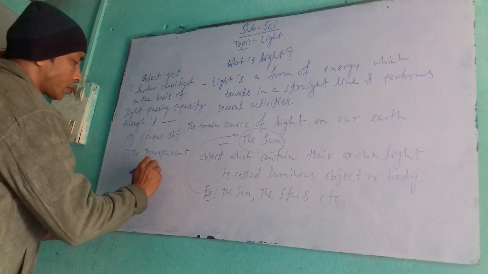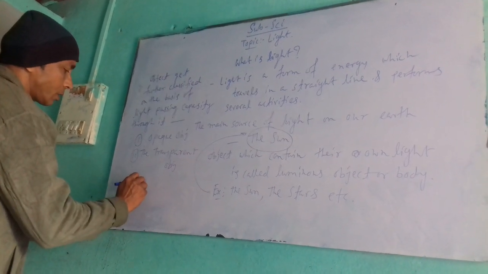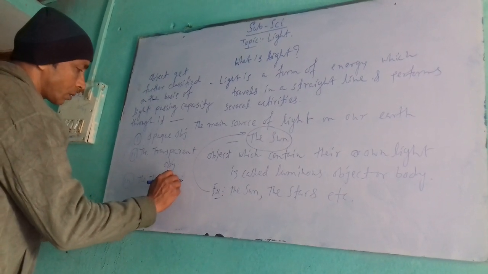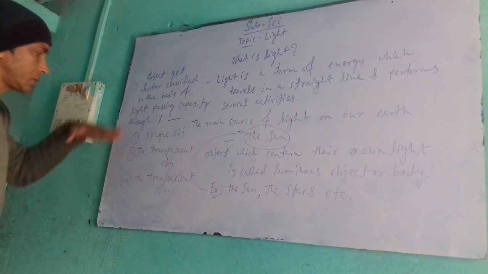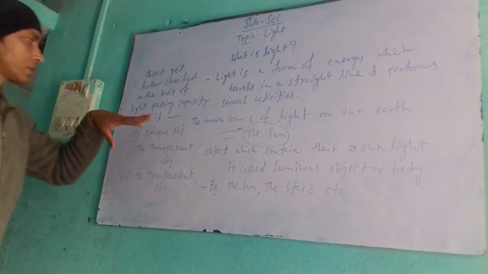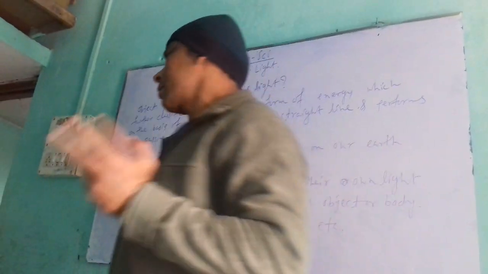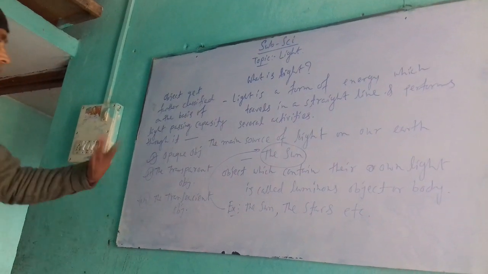And number three, the translucent object. So these are the objects classified on the basis of the light passing capacity through it. And there is another characteristic feature.